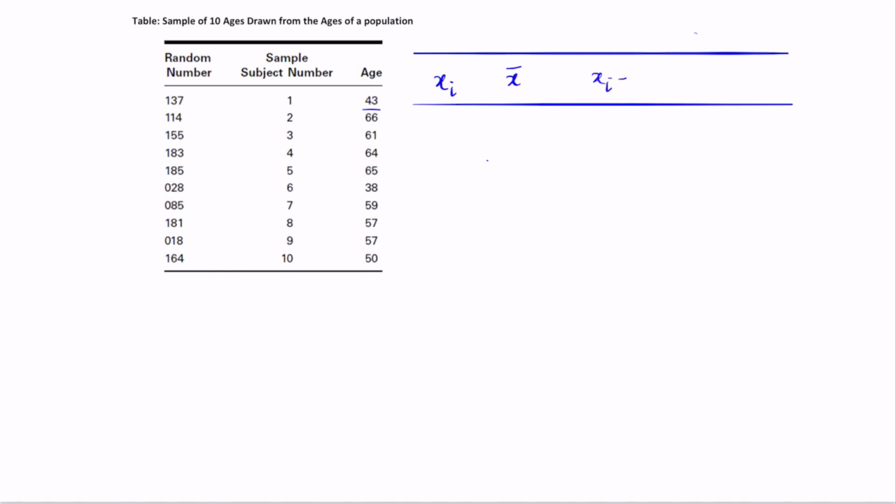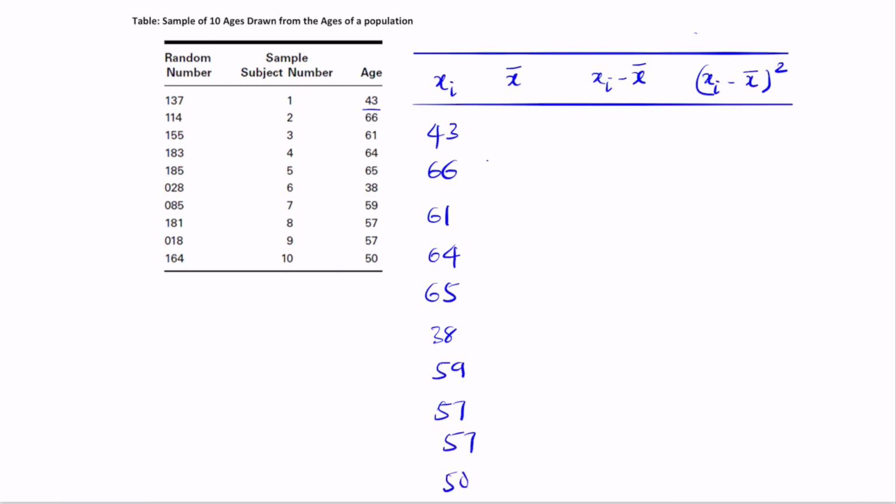The third one is xi minus x bar. And the fourth is xi minus x bar square. That's it. Now write down the values for xi. Xi is the observation: 43, 66, 61, 64, 65, 38, 59, 57, 57 and 50. The x bar value is 56, so I'll write down all the values.